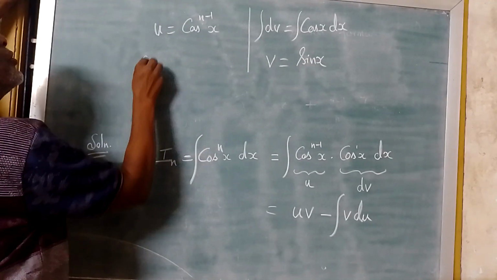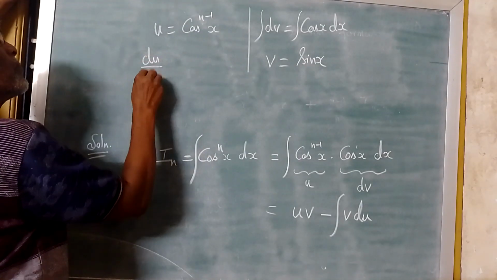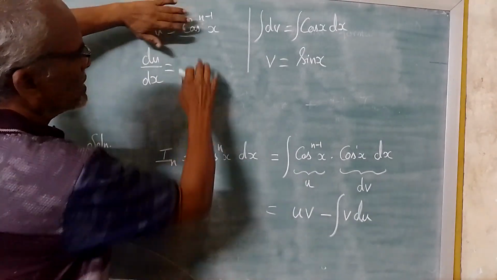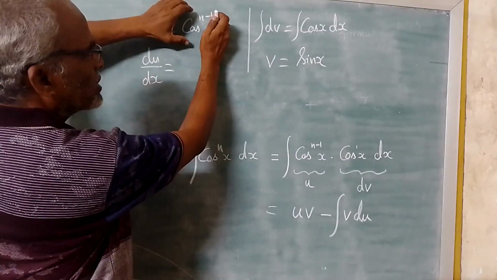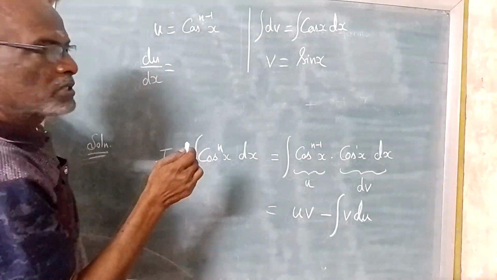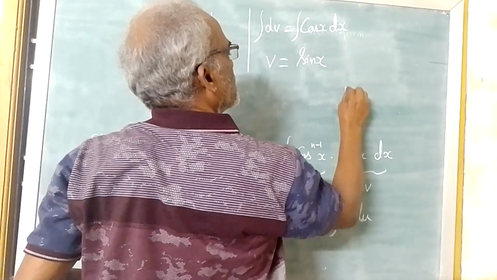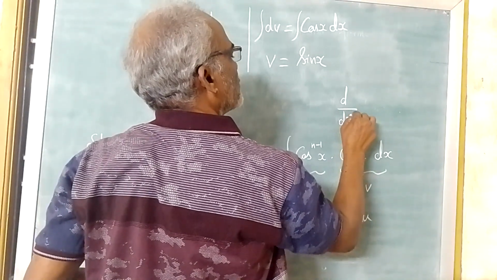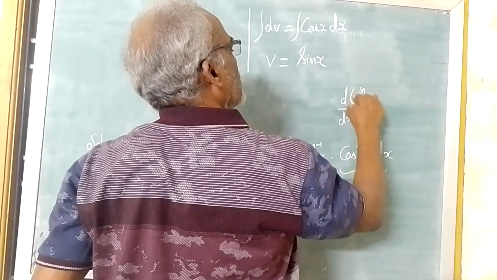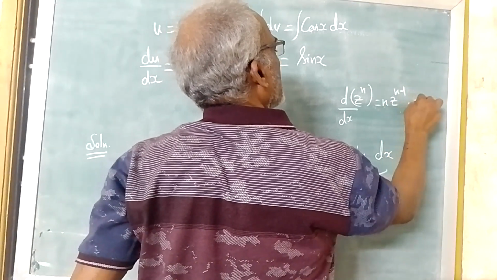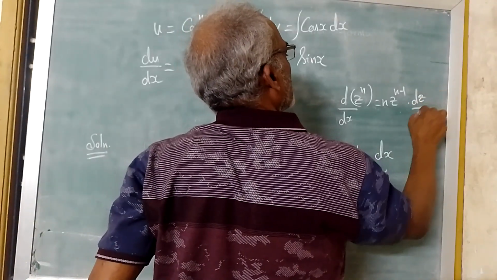Now here du by dx. So this is nothing but (cos x) whole power n minus 1. This is of the form d by dx of z^n, which is nothing but n z^(n-1) into dz by dx.